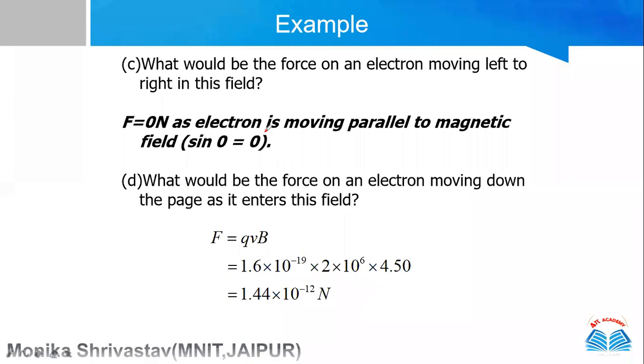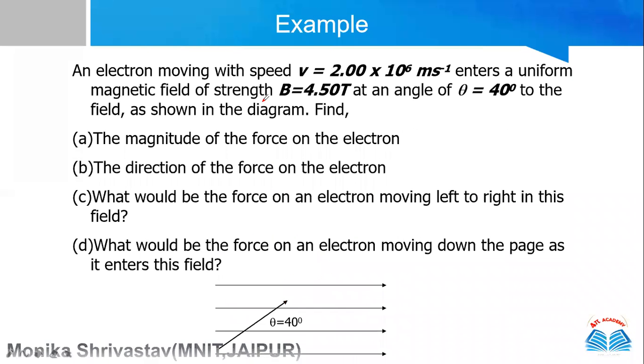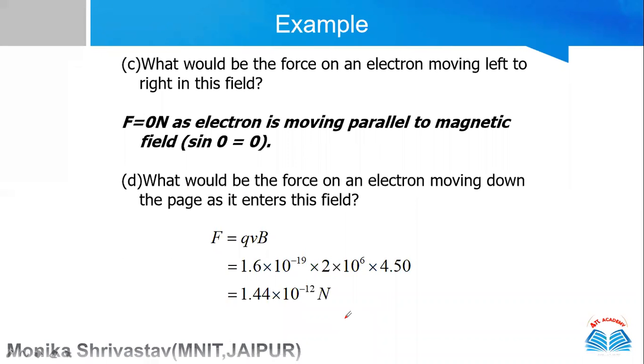Third, it is asking what would be the force on an electron moving left to right. Just look at that picture. Moving left to right, that means from here to here in this field. And D says when it is entering down the page, like this one. So what will be those answers?